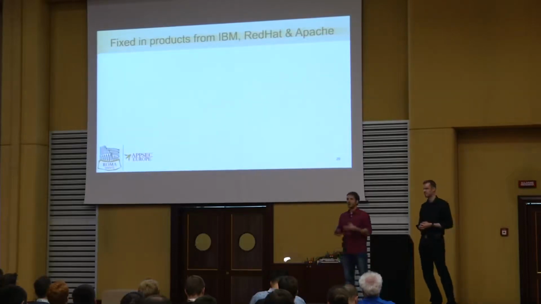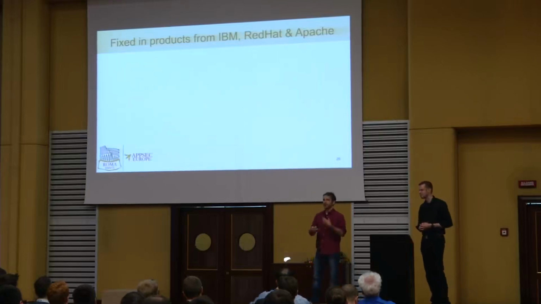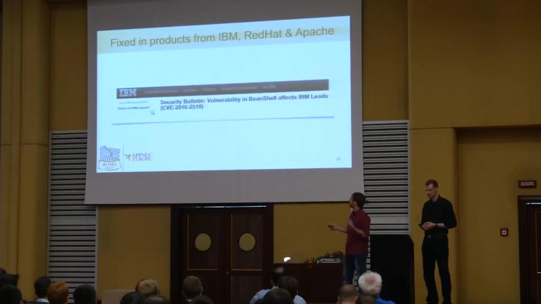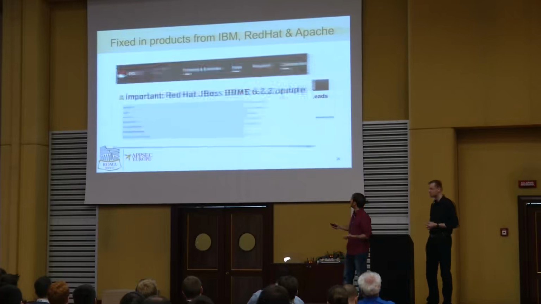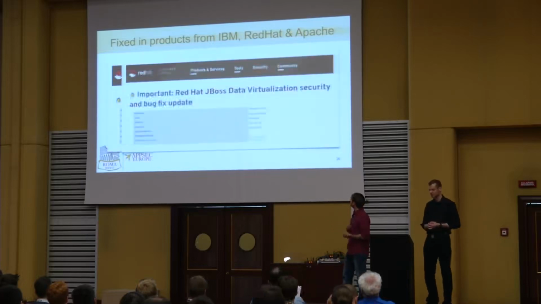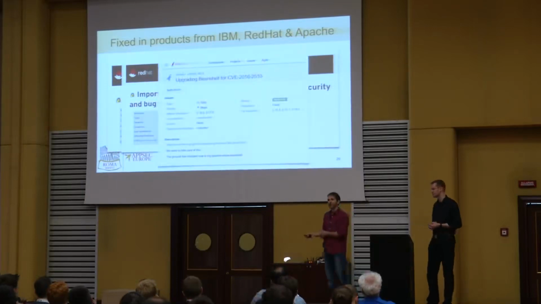So we thought, probably as you showed by raising hands, that no one is using this library, right? No one knows about BeanShell, no one is using it. And we were surprised that many vendors like IBM, JBoss, BPM Suite, data virtualization, and many others like Apache Camel were actually affected by this problem.